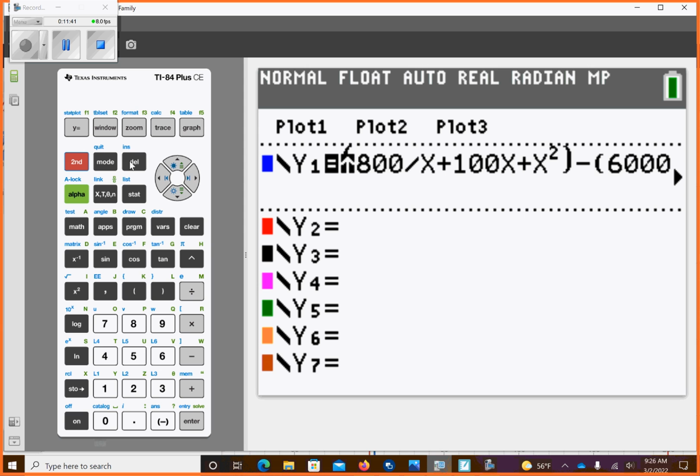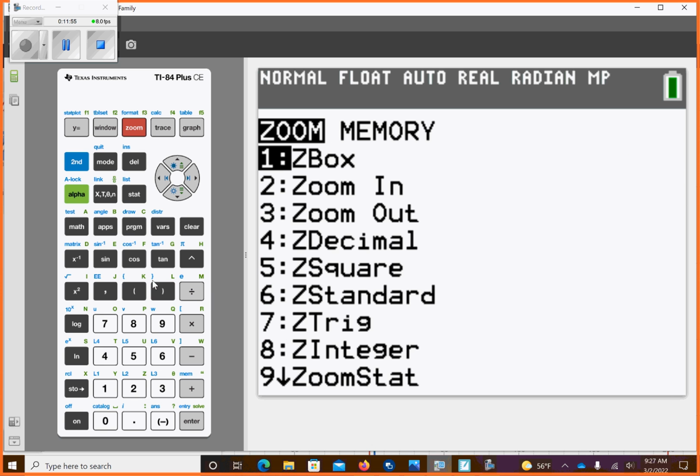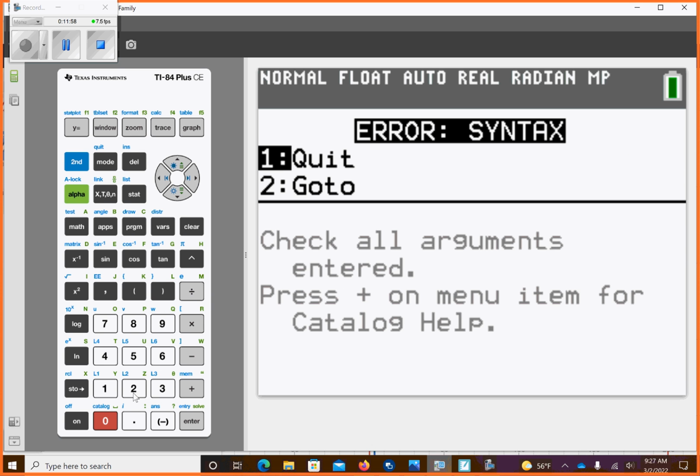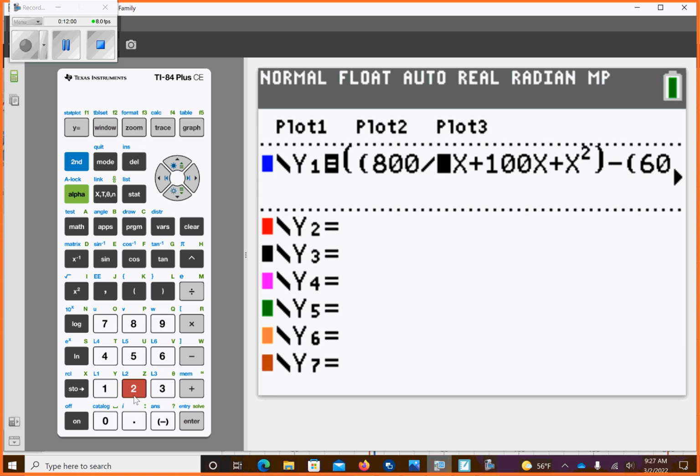Second, insert parenthesis. Zoom 0. Go to, where's my? Oh, I see. All right, let's delete that. Let's go here.